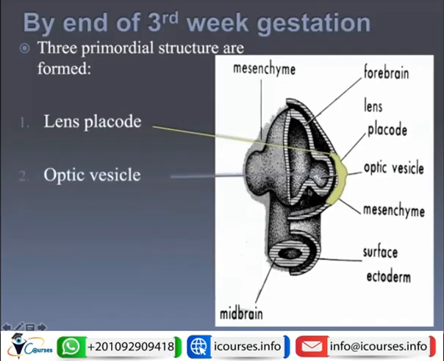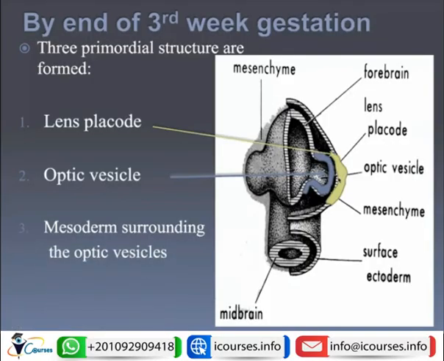And this is the optic vesicle. In between the optic vesicle and the lens placode is the mesoderm that is surrounding the optic vesicle. This mesoderm, in conjunction with the neural crest cells, will form what's called the mesenchyme. And here is the mesenchyme.